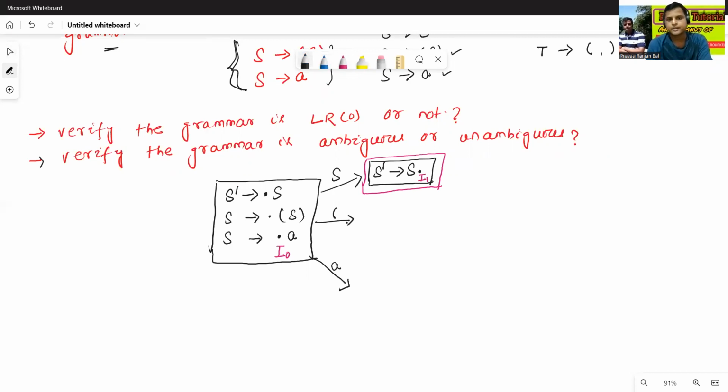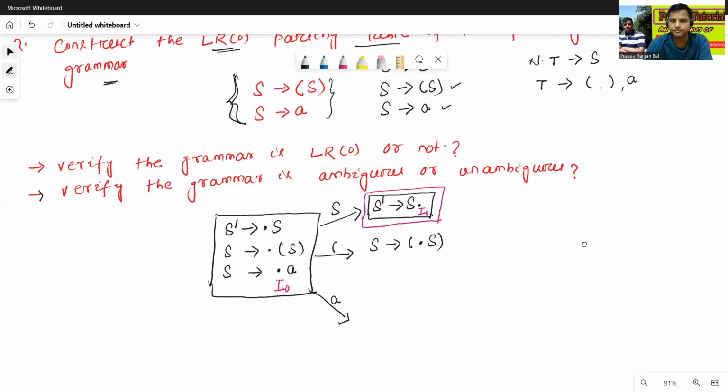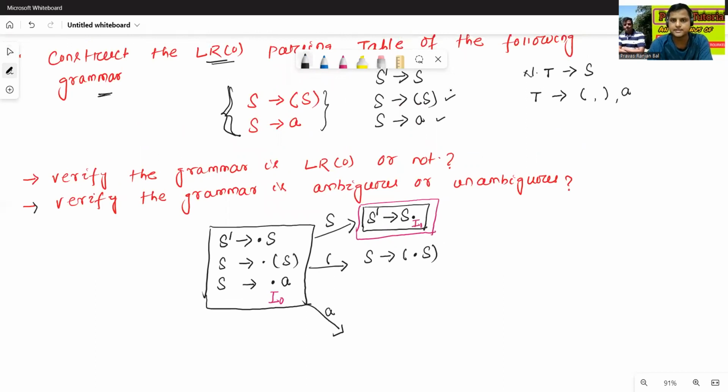Okay. Now the ALR0 parser will scan the open bracket. Open bracket means S to open bracket dot S close bracket. Now with the dot before S, we'll find the closure of S. The closure of S is this one and this one.